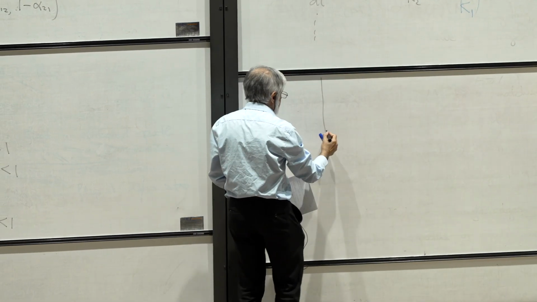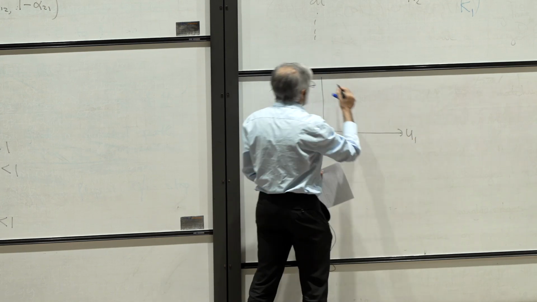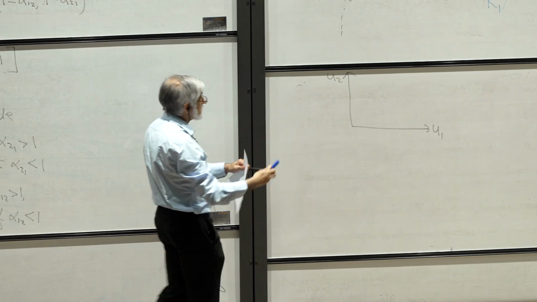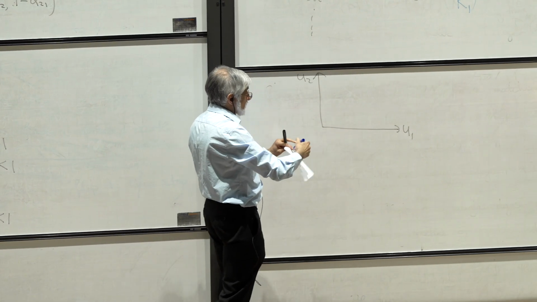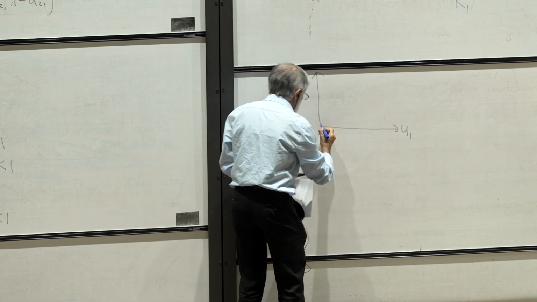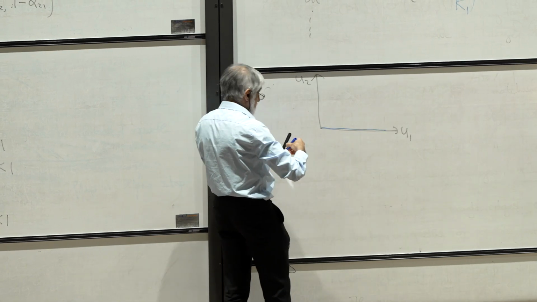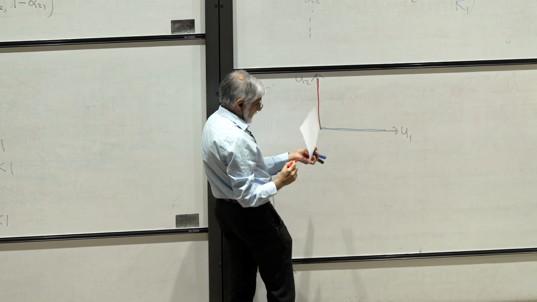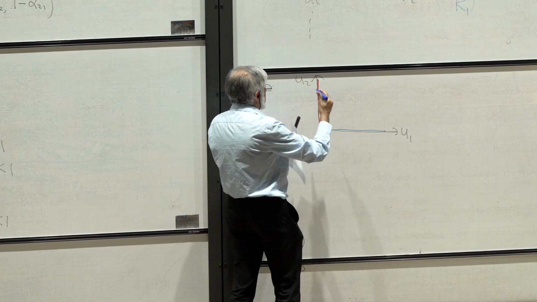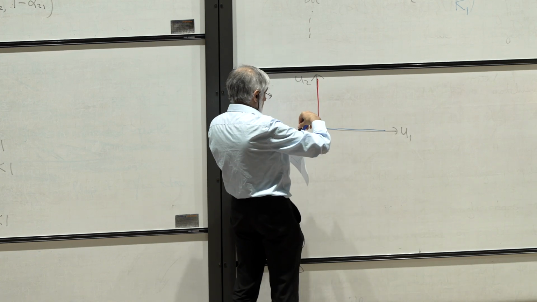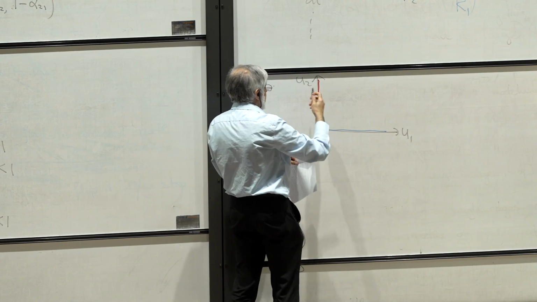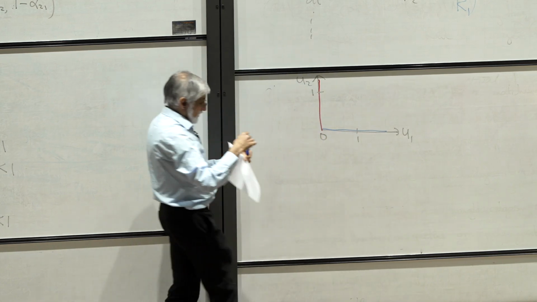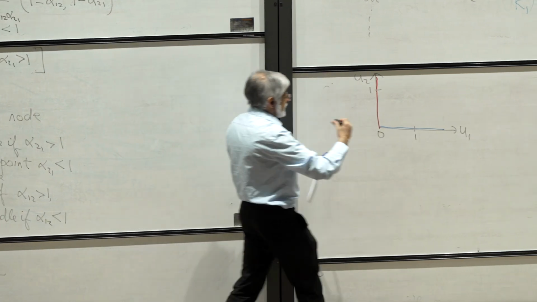And then what you end up getting, again, going to non-dimensional U1 and U2. And then you've got the null lines along the bottom here. And once again, you've got the 1, 0 and the 0, 1 as steady states.